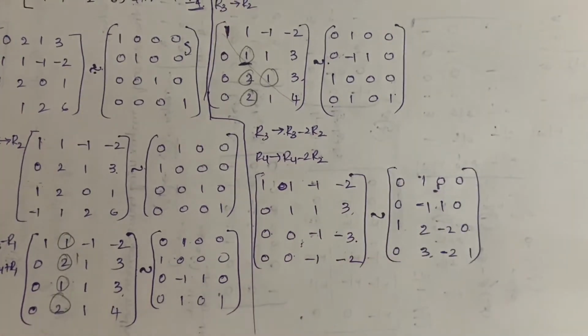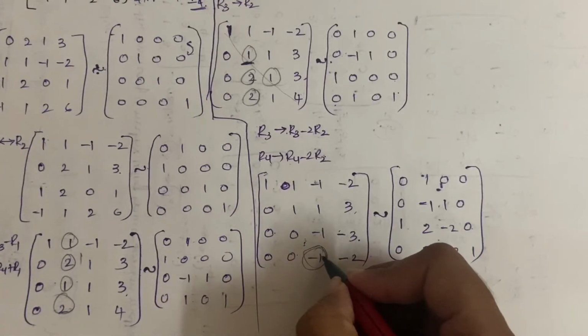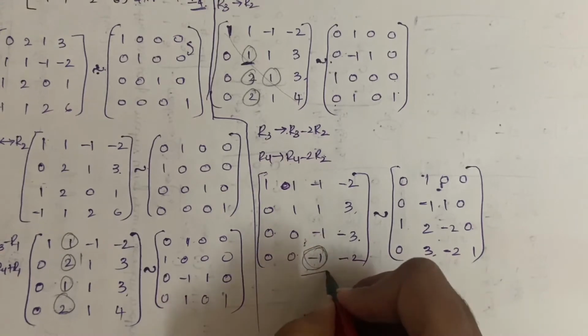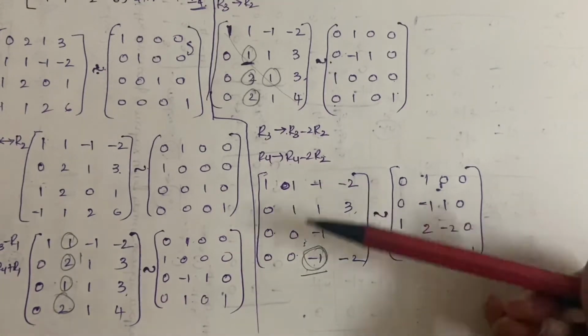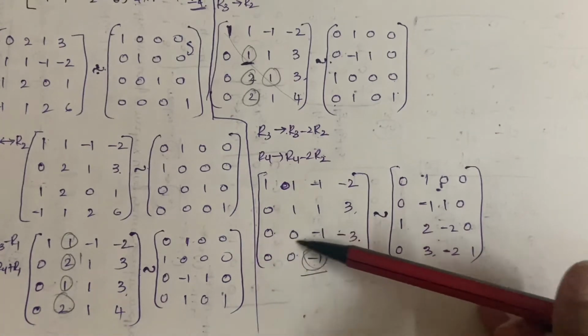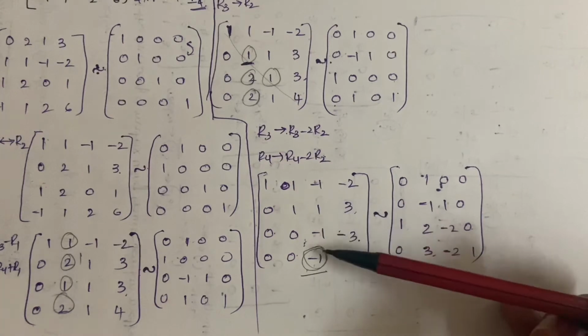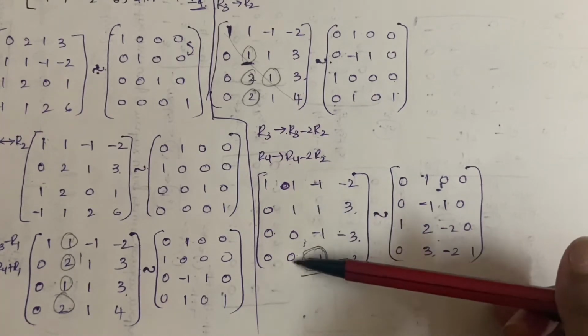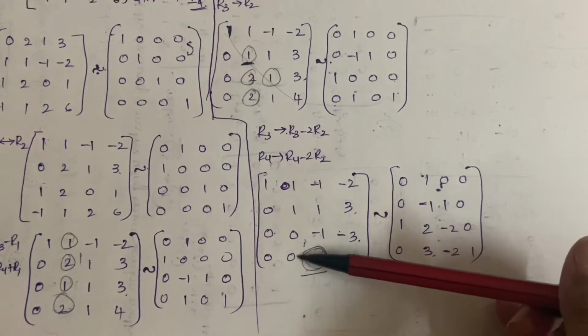Okay, so what is our next target? Our next target is to make this thing as 0. When you are making this one as 0, you can use either this or this, but you have to use only R3. Why? Because if you use R2, here 0 plus 1 or 0 minus 1, whatever you do, the value here will change, right?